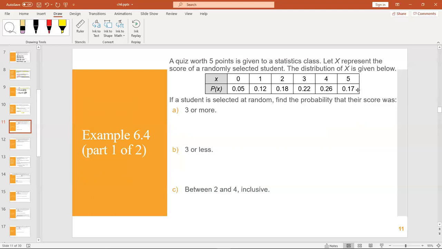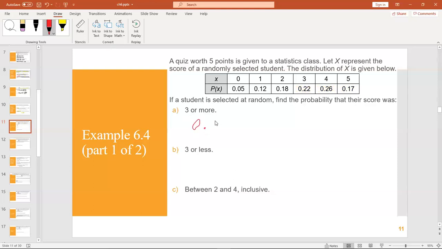All right, so first we've got problems similar to what we've done before. What's the probability they got 3 or more? Well, 3 or more, you've got this one, and that one. So if you add up those 3 probabilities, 0.22 plus 0.26 plus 0.17, you will get 0.65.